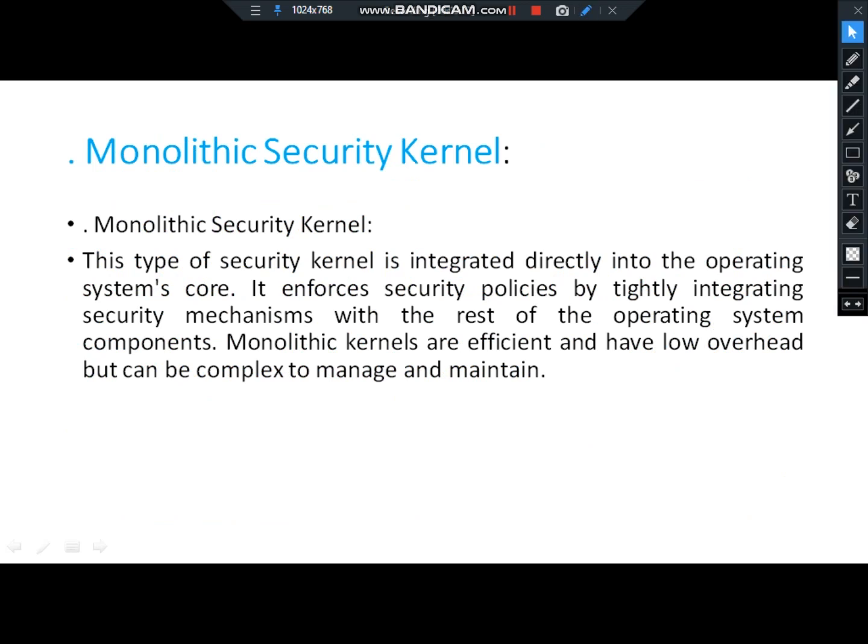Simply put, the monolithic kernel is the core component of the operating system. It enforces security policy by tightly integrating security mechanisms with the rest of the operating system.